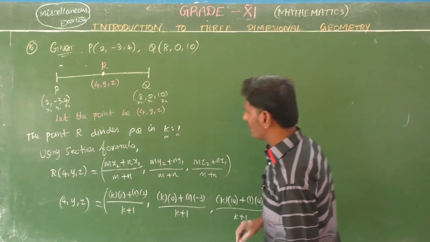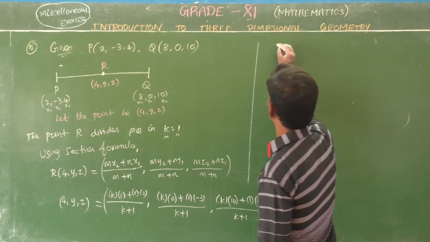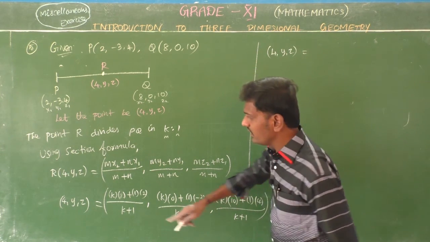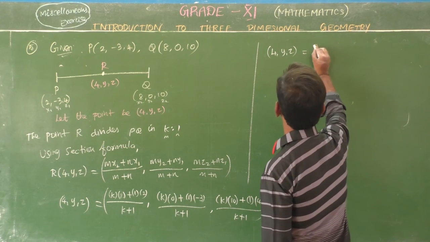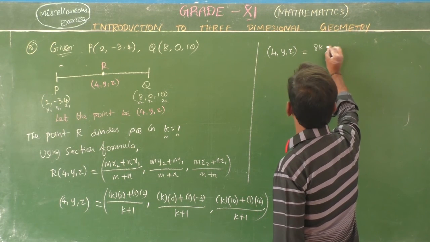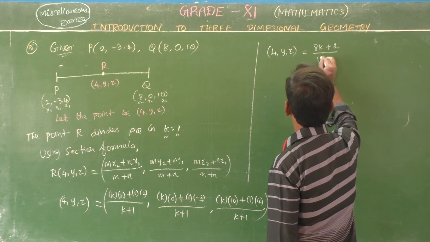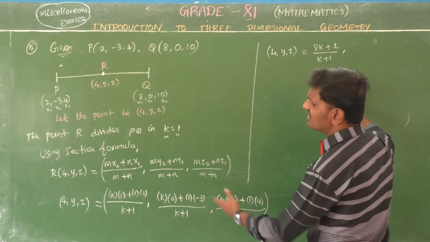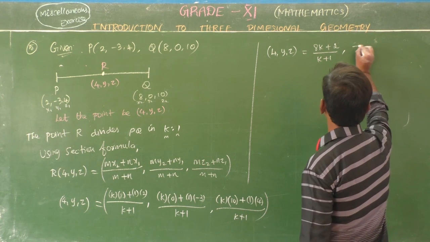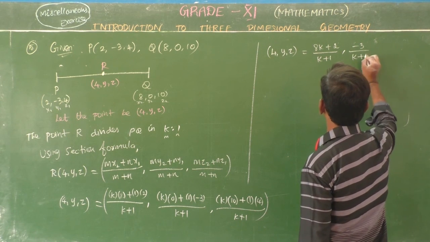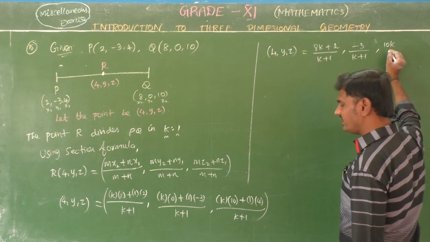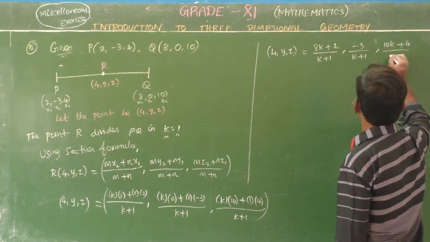Now you are going to simplify this to get (4, y, z), which is equal to (8k plus 2) by (k plus 1), comma minus 3 by (k plus 1), comma (10k plus 4) by (k plus 1).